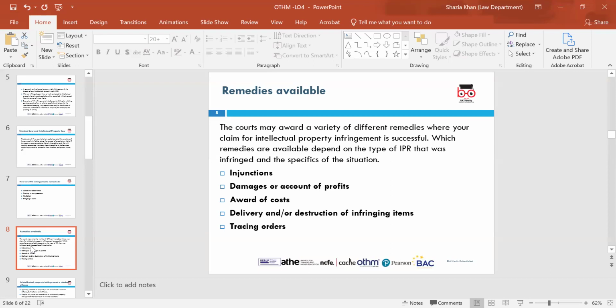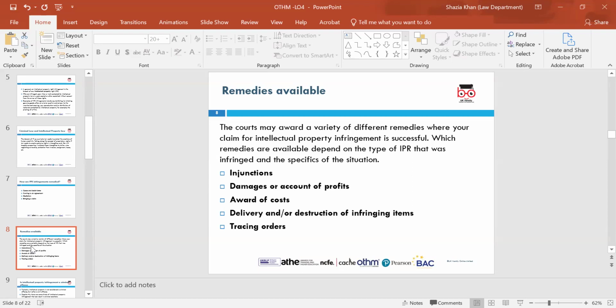Interim injunctions are emergency measures, which are granted prior to the commencement of or during proceedings to prevent a party from carrying out infringing acts while the case is being decided. And perpetual injunctions are typically granted as final relief by the court, prohibiting the unauthorized use of intellectual property rights.